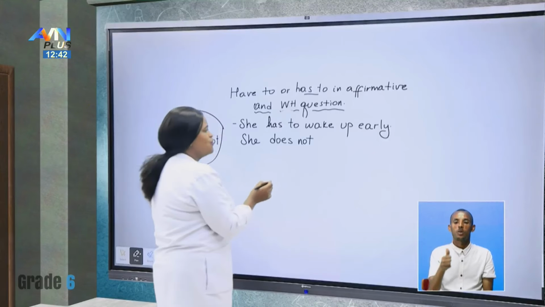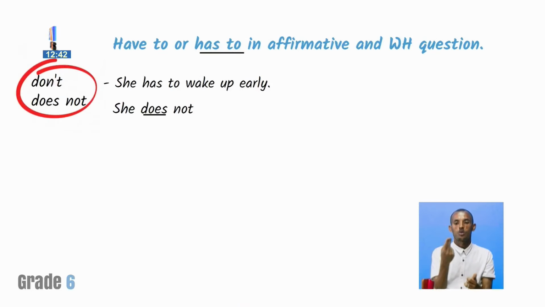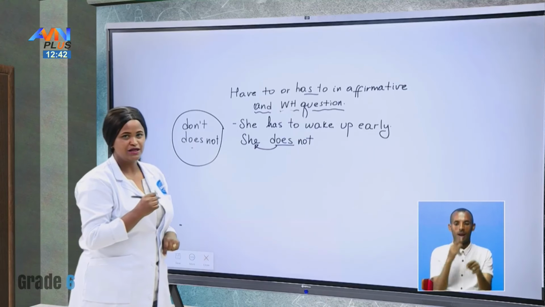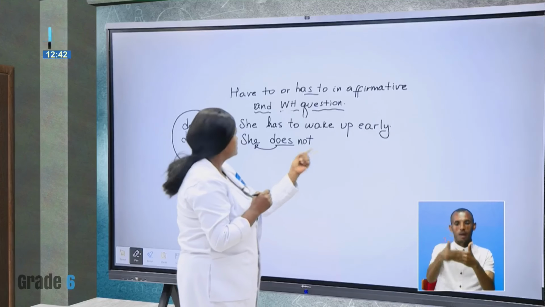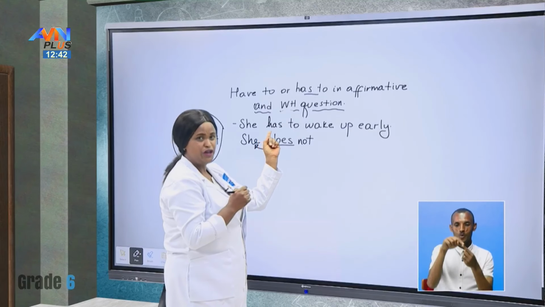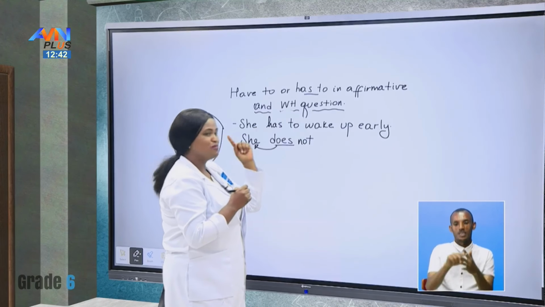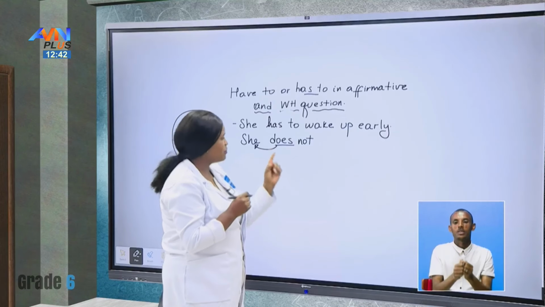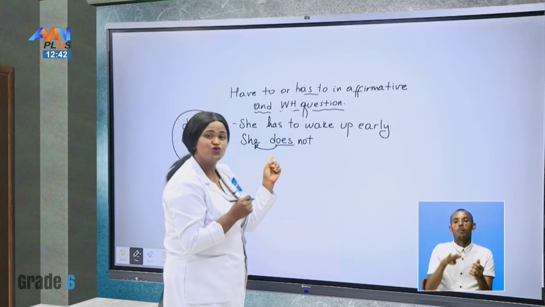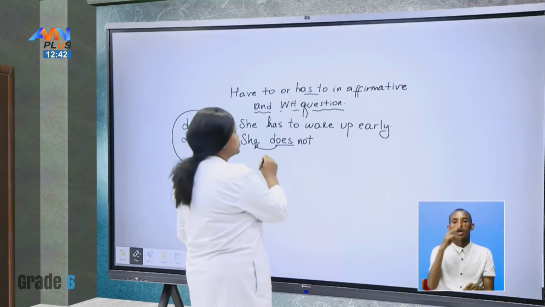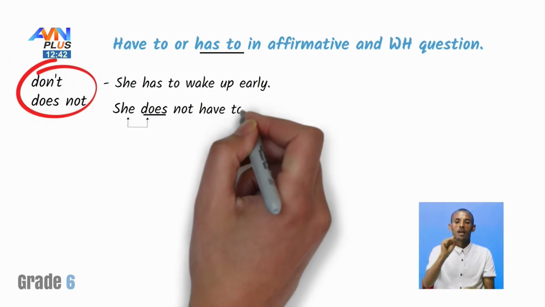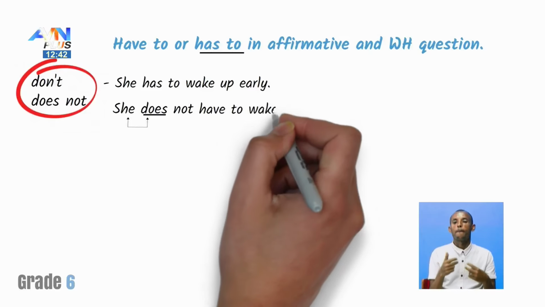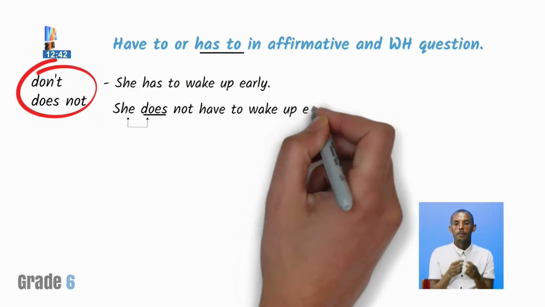Now, I used does because my subject is singular. Right? So, what comes next? Is it has to? No. Since we already implied that our subject is singular by using does, we use what? Have to. Very good. She does not have to wake up early.